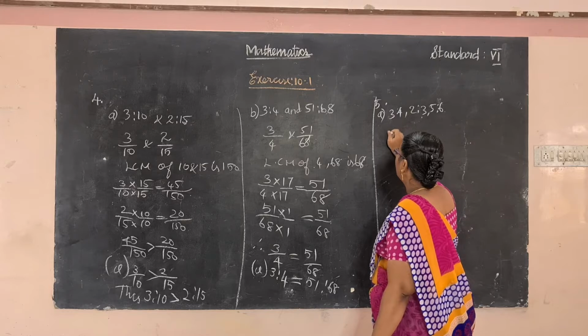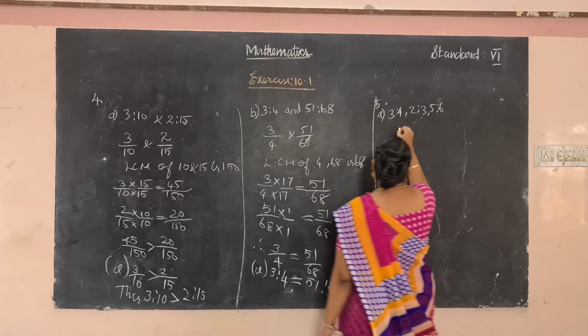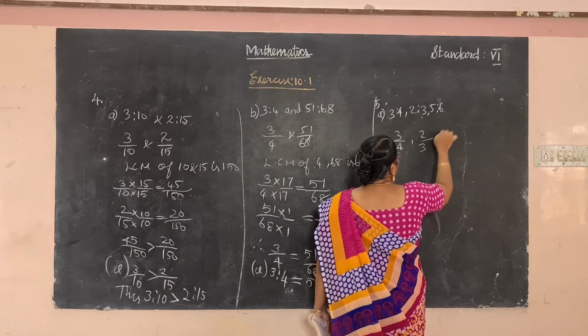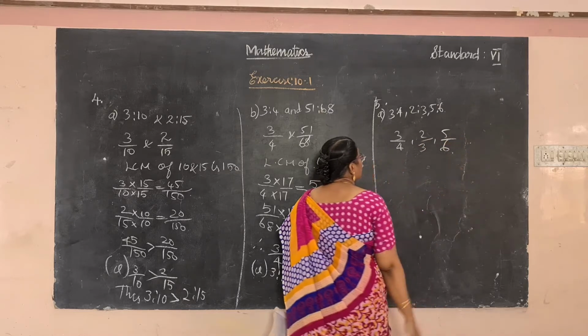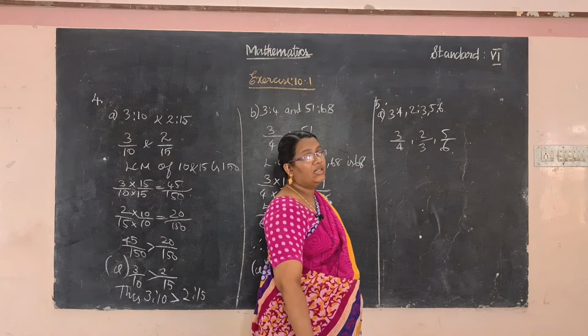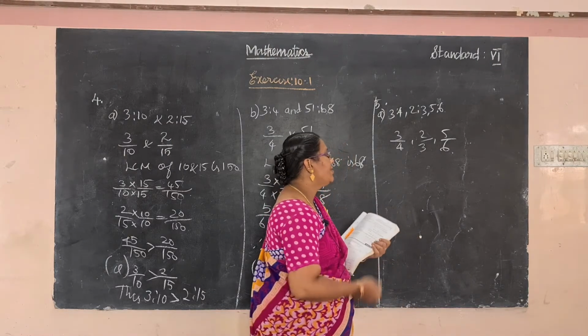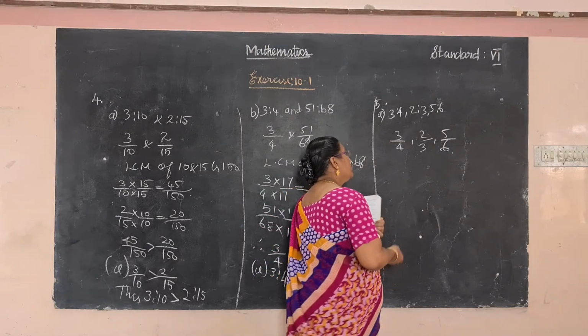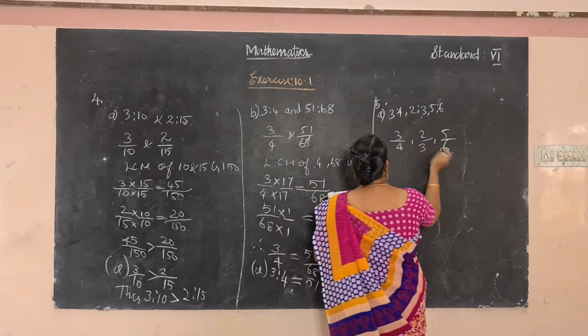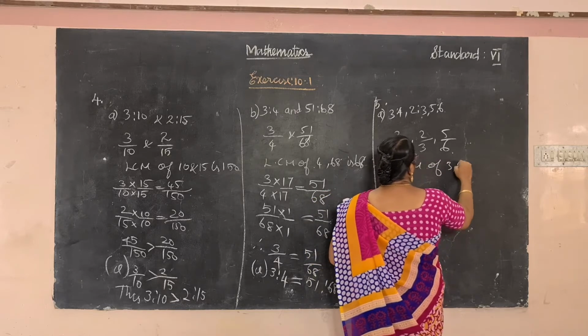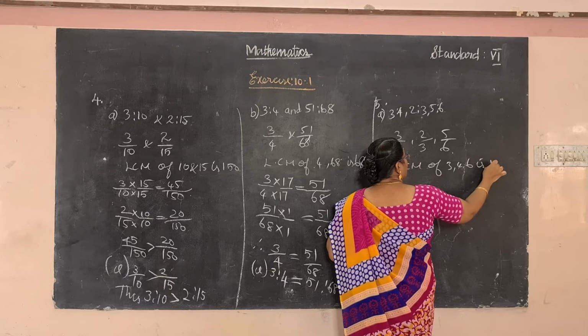We can write the ratios as fractions. So 3 by 4, 2 by 3, 5 by 6. Now compare the denominators, that is the consequents. The consequent values are different, so we have to take the LCM. What is the LCM of 3, 4, 6? The LCM of 3, 4, 6 is 12.